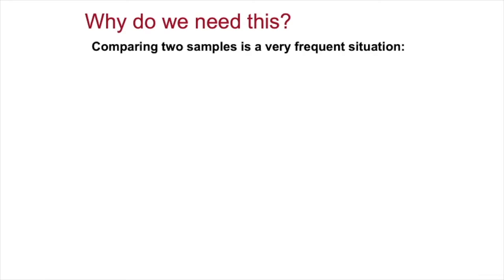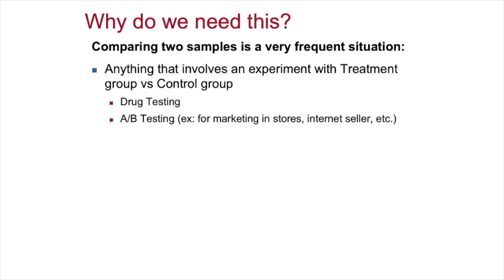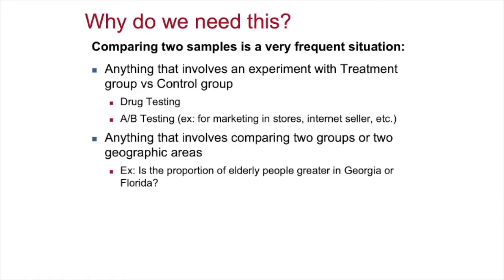So why do we do this? Well, we do this because comparing two samples is a very frequent situation. Any time that you have an experiment with a treatment group and a control group, those are two samples, and you want to compare these two samples, right? If you're testing a drug, or if you're doing some A/B testing for, let's say, how to best do marketing in your store, or how to best display things on your internet website, etc. All of that requires having two samples, and so comparing the means or the proportions of two samples.